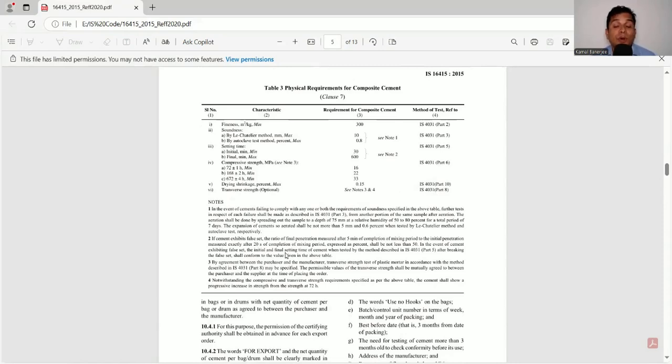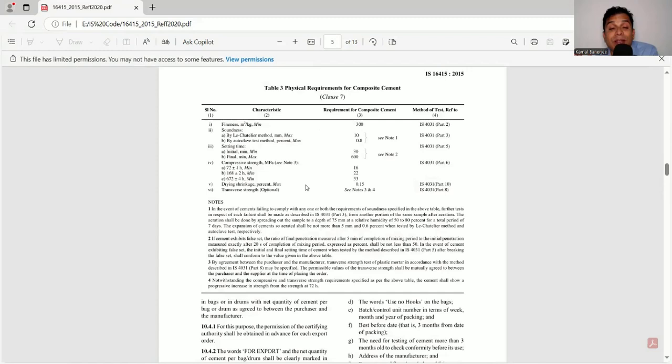In cement, what we are checking is the fineness, soundness, setting time, compressive strength, drying shrinkage and transverse strength. The fineness in meter square per kg should be minimum 300. Above 300 is okay, but it should not go below 300. Then soundness of the cement, by the Le Chatelier method maximum is 10, and by the autoclave test method maximum is 0.8.